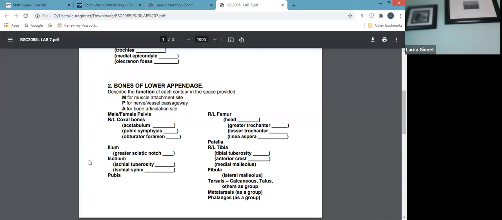The calcaneus is essentially your heel bone, and the talus is superior to the calcaneus, and it's the tibia that will sit on top of the talus. So I would say the talus is on top and articulates with the tibia. Below that would be your heel bone, the big calcaneus. And then the other smaller squarish bones are just identified as a group as the tarsal bones.